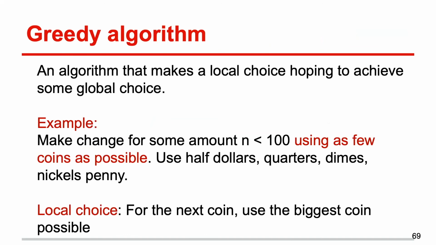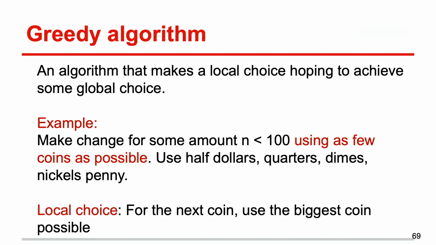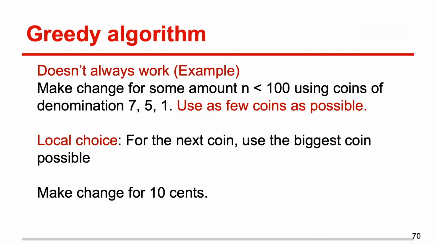At last, I will talk about the greedy algorithm. On the previous topics, when we were finding something minimum, we were using the idea of greedy. But there are some cases where greedy won't work. For example, you have three different kinds of coins, 7, 5, and 1, and you need to use as few coins as possible to form 10 cents.